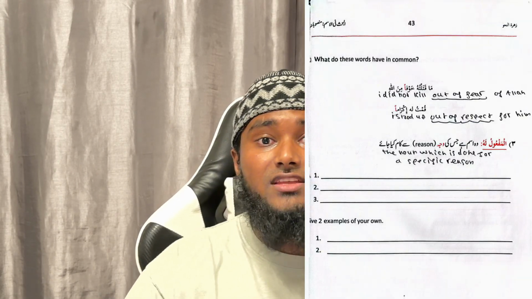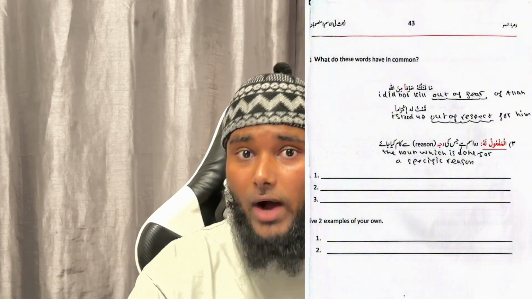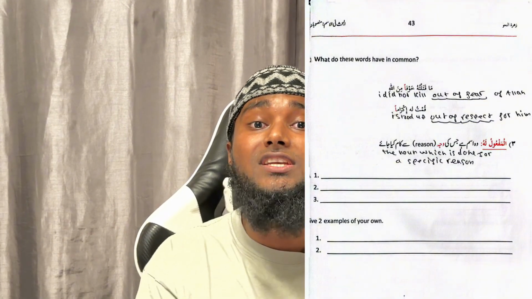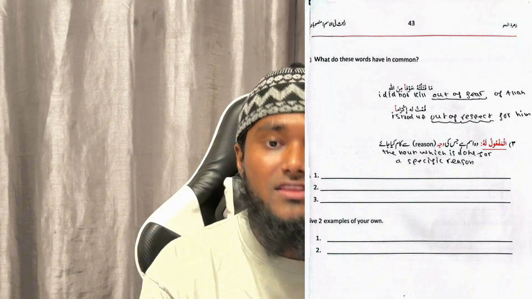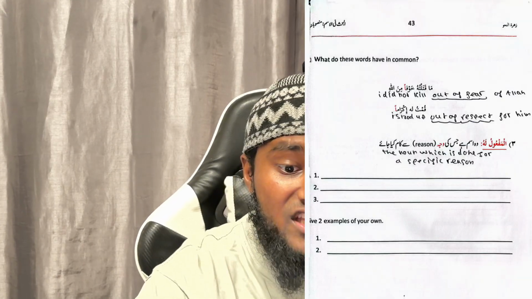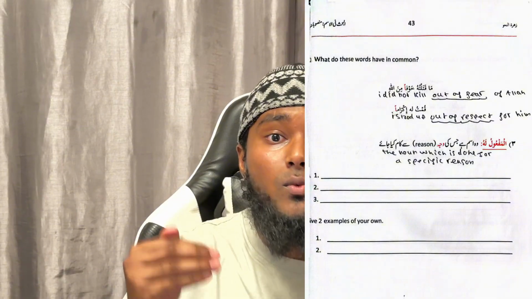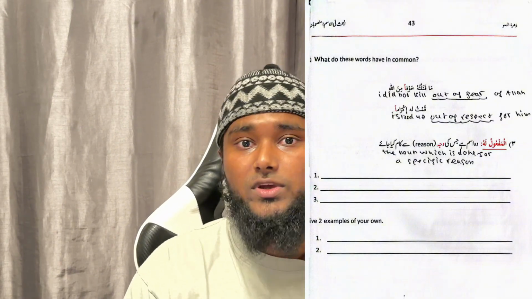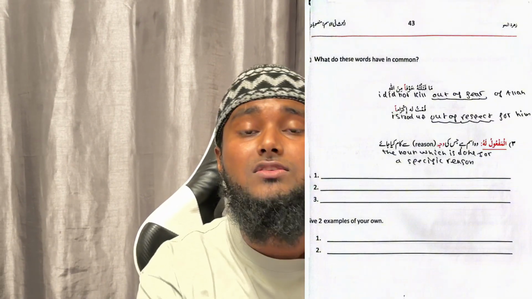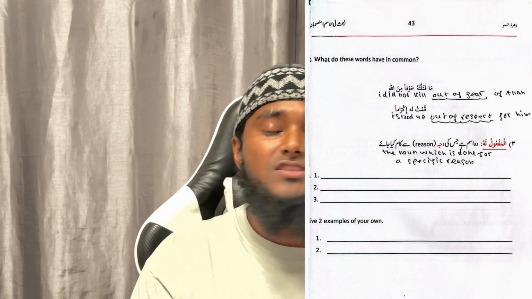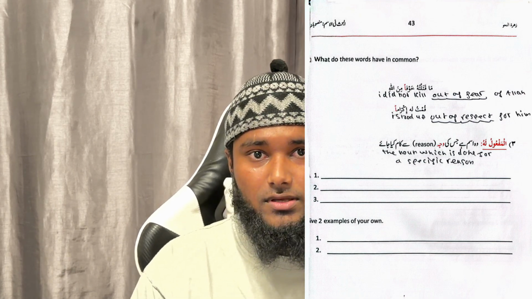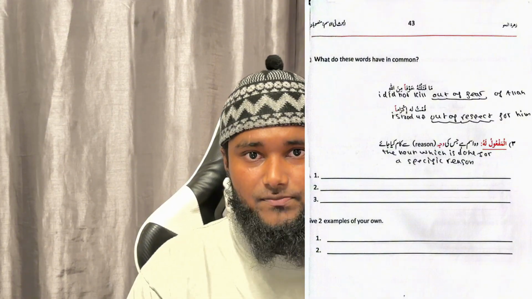إكراما is in the nasab case, and it has two fatha. Why? Because it comes to show the reason why the action of standing happened, and that's why it's in the nasab case. So from this chapter you can see that certain words in the Arabic language can be put into the nasab case to show the reason why something might have happened.